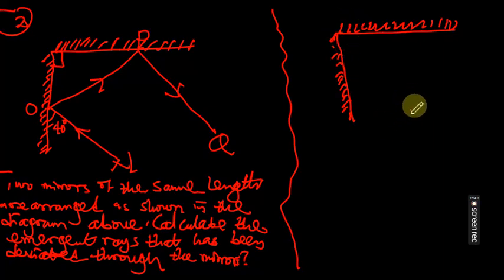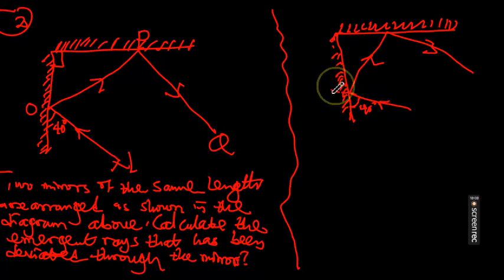Then the angle of incidence at the first mirror is at 40 degrees, and it is reflected this way and deviated this way. So incidence, reflected, then reflected. At this point, deviation will take place, right?